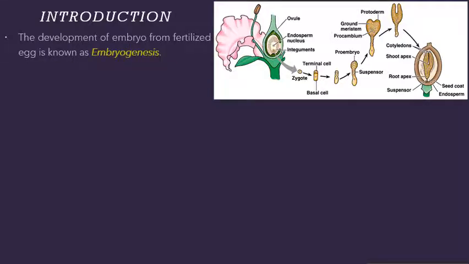The development of the embryo from the fertilized egg is known as embryogenesis. Zygote or oospore is the pioneer stage in the development of the embryo.